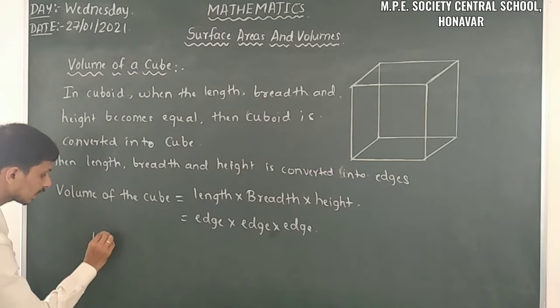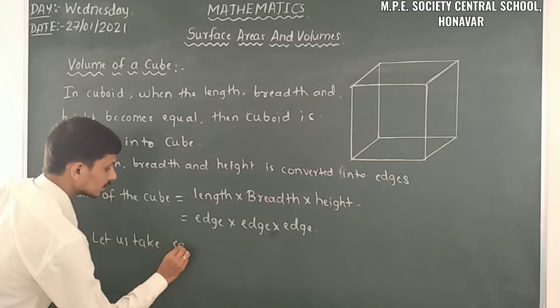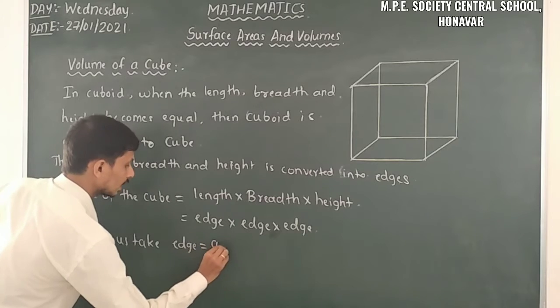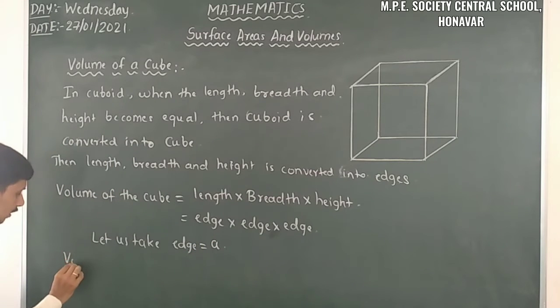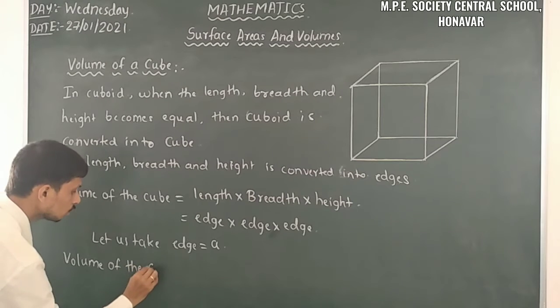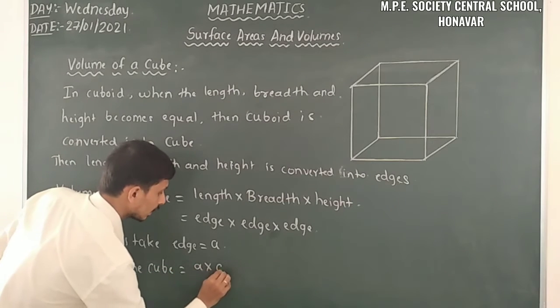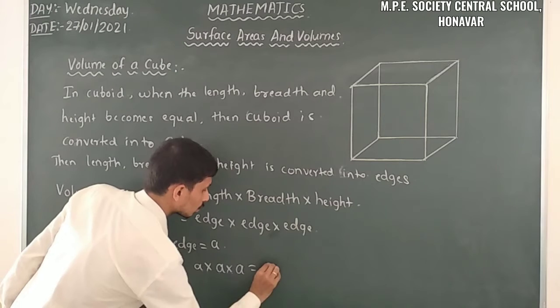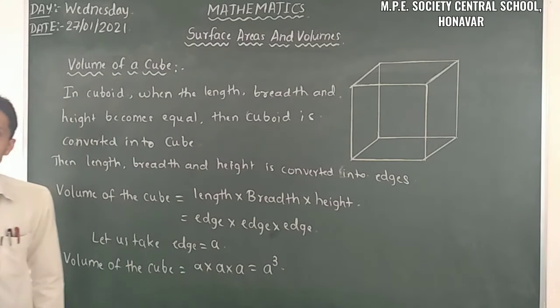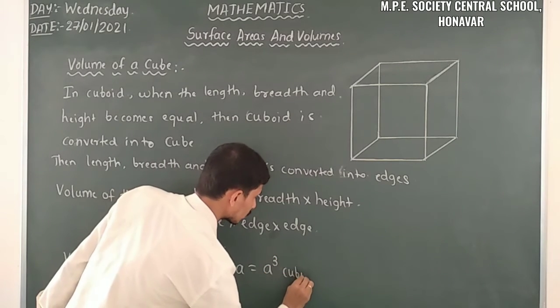Therefore, let us take edge is equal to A. Then what happens? The volume of the cube is equal to A into A into A, which is A cube. Then we have to take it in cubic units.